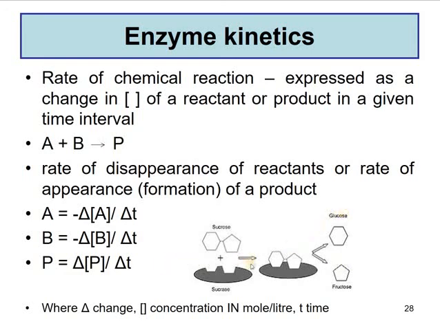And then for the product, we're going to say plus the change in concentration of glucose over change in time. And then for the fructose, we're going to say plus the change in concentration of fructose over delta time, which is 5 minutes. I hope you guys understood that. Easy peasy.